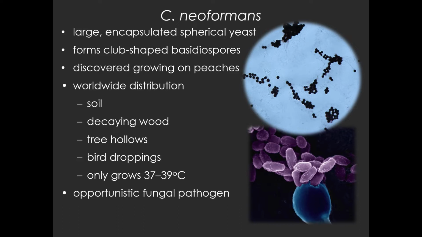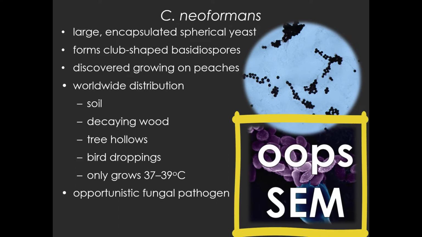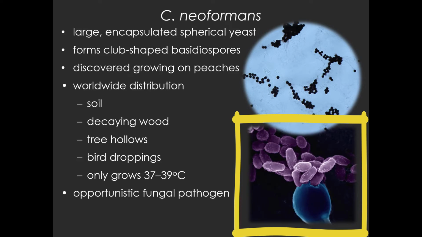This is a member of the fungal kingdom, which is unicellular. It is relatively large, and it does have a capsule that protects it in the environment. As a member of the basidiomycota, it forms club-shaped basidiospores, which are shown in the transmission electron micrograph at the bottom of your screen, releasing spores.